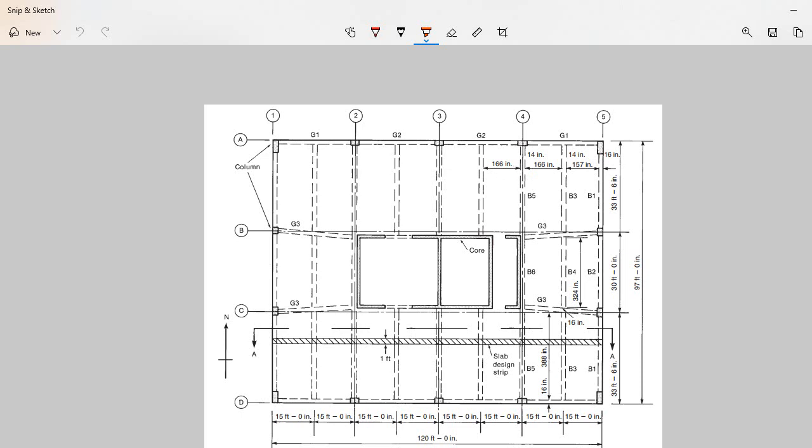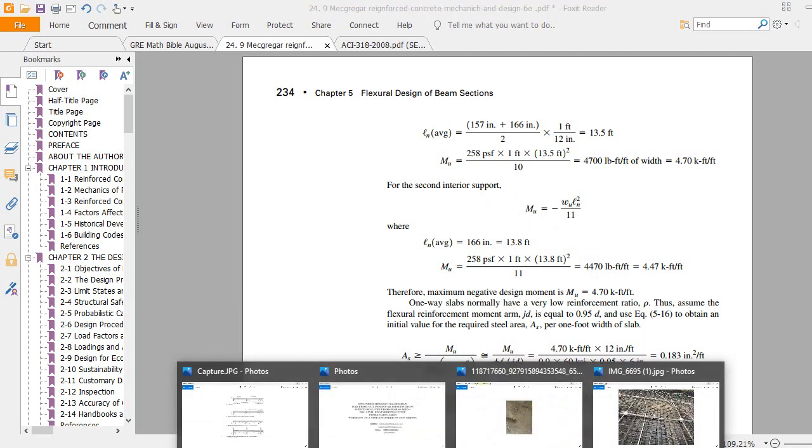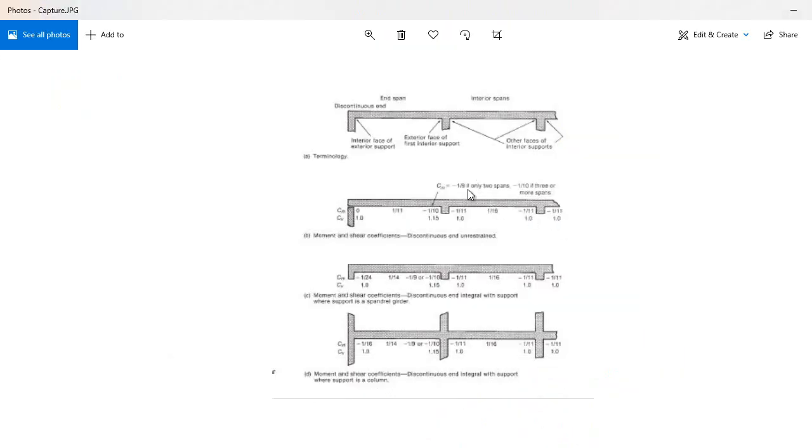So this is important. Here we have the average, that is 13.5 feet, and using this average span we calculate the moment from that coefficient, and we have 4.70 kip-feet per feet. For the second interior support we have minus Wu ln squared divided by 11, so you see here minus 1 over 11.